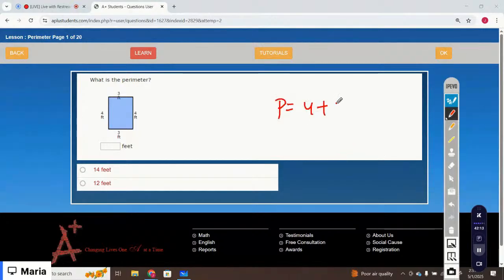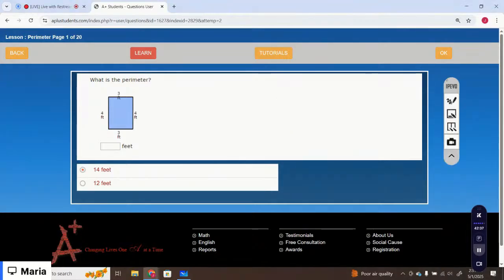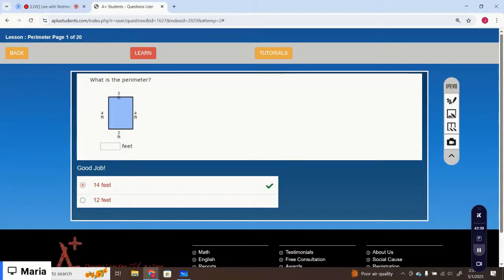So perimeter equals 4 plus 3 plus 3. The correct option is 14 feet, option number 1. The perimeter is 14 feet.